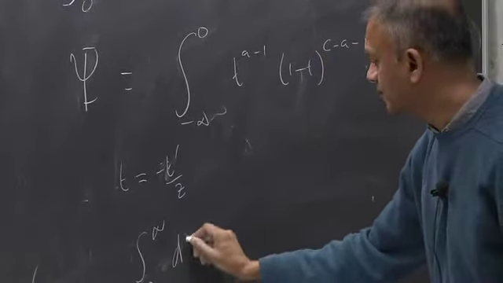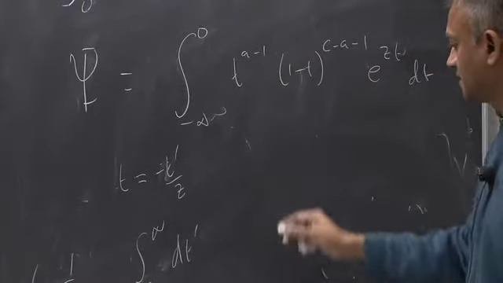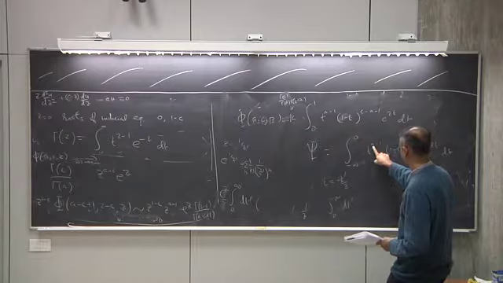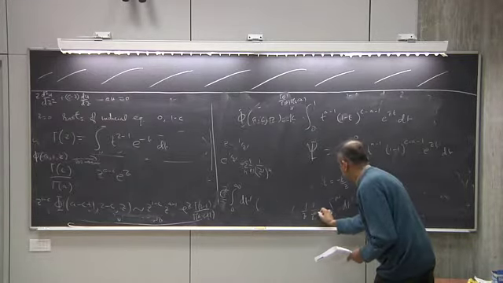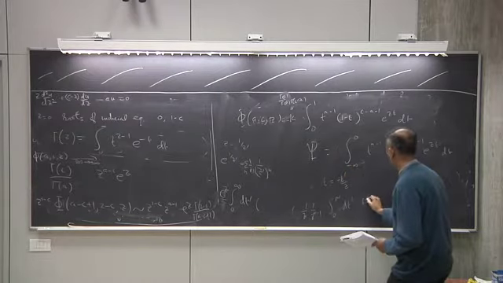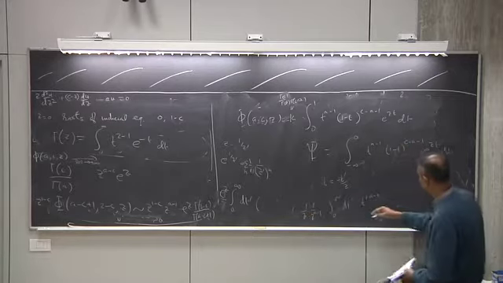And then you get dt prime. There is a 1 over z from here. And here you get z to the a minus 1 from there, t prime to the a minus 1. There are some overall minus 1 to some power. I'm not keeping track of that.